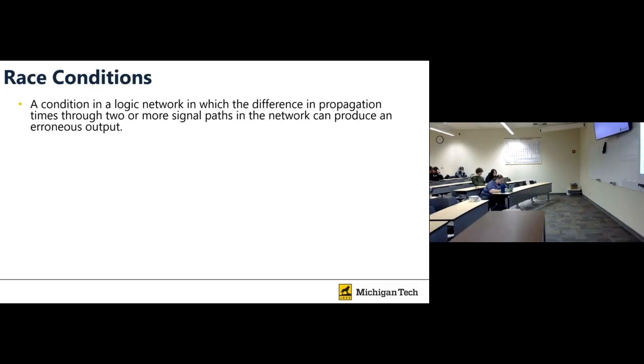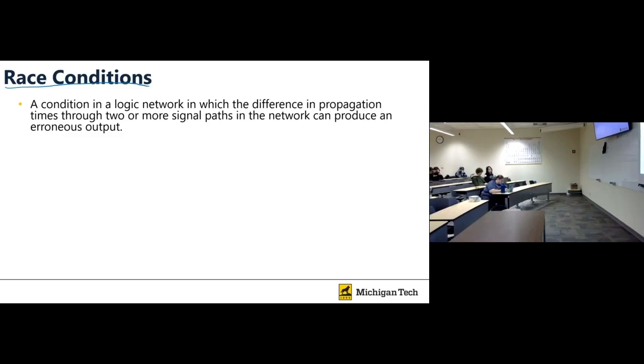The problem that we have here is also called a race condition. I'm just going to explain this here. That's the last slide. The race condition is a condition when you have different inputs with different propagation times.